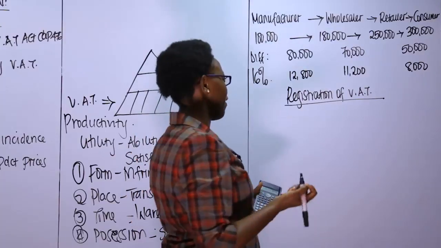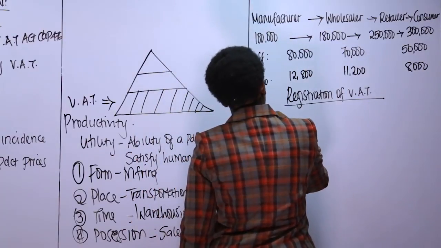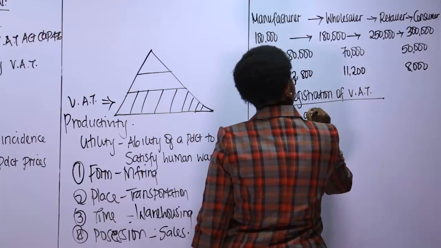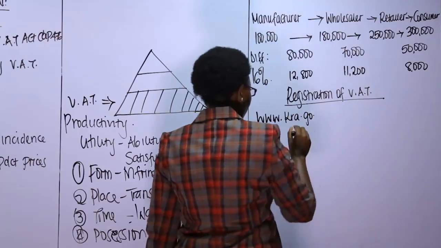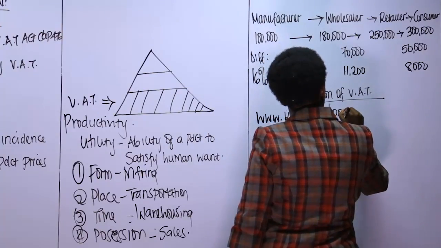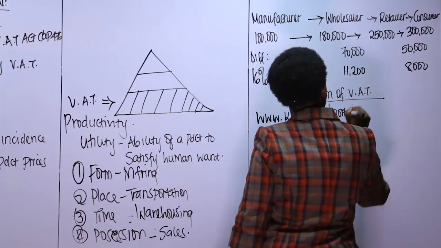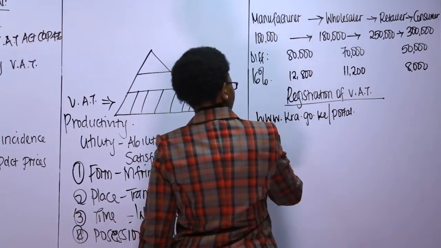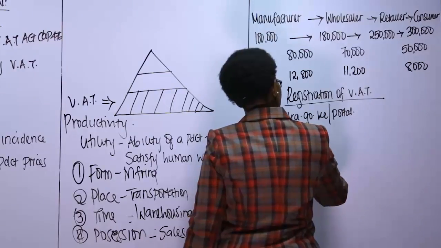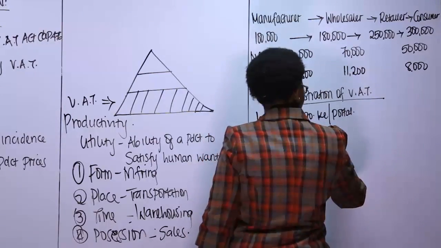So you go to the KRA portal, www.kra.go.ke/portal. And you do that through the prescribed application form for VAT.